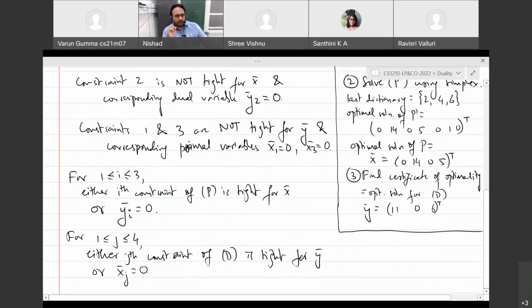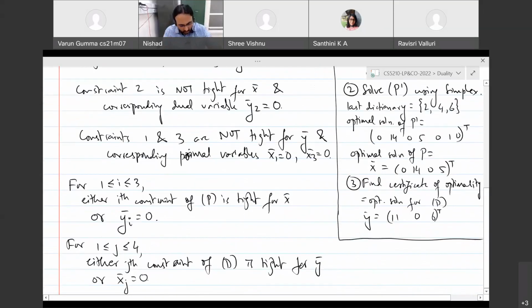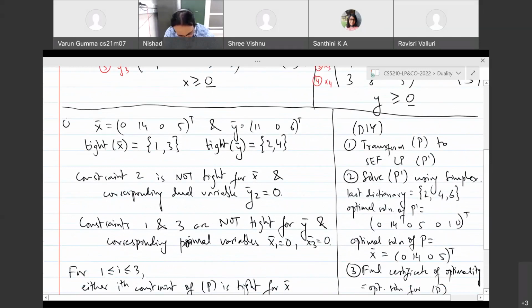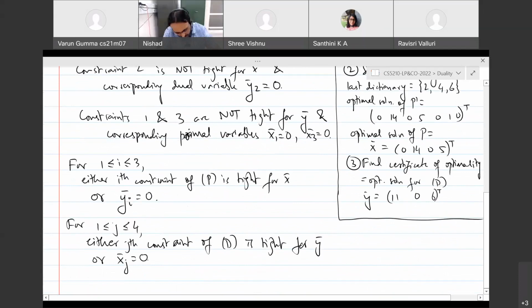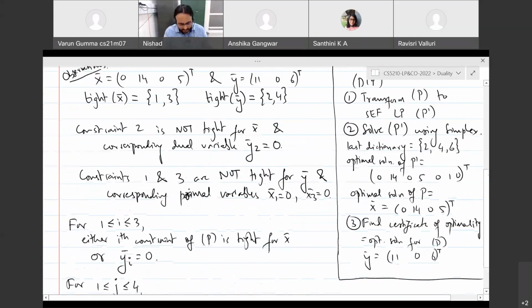These are just observations for the given feasible solutions.